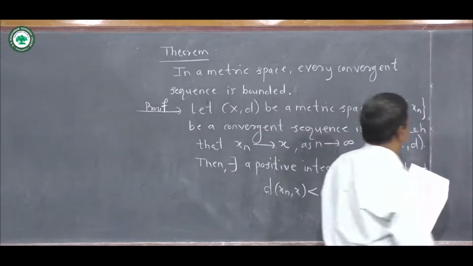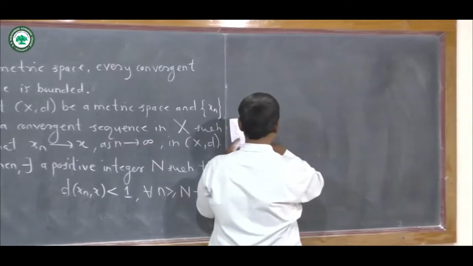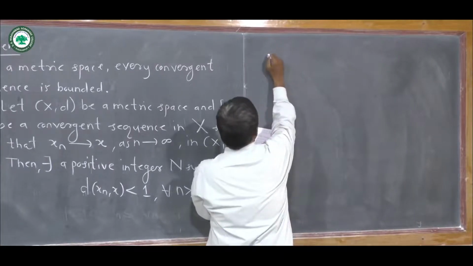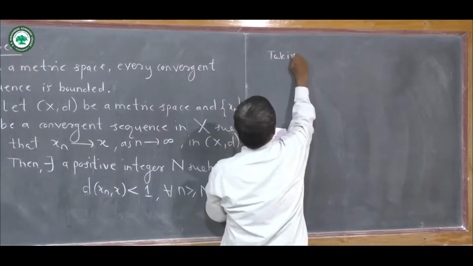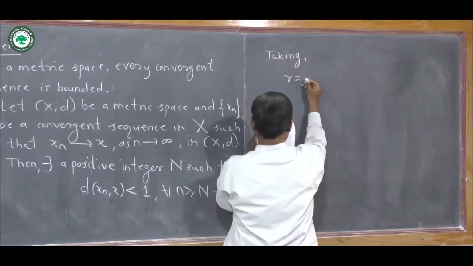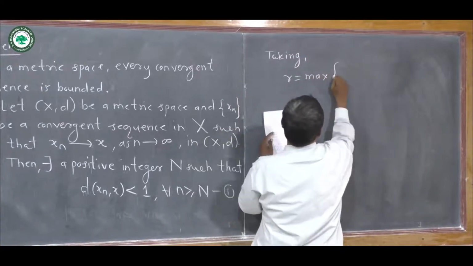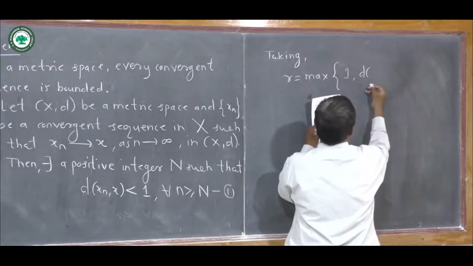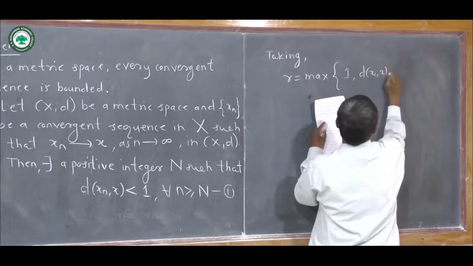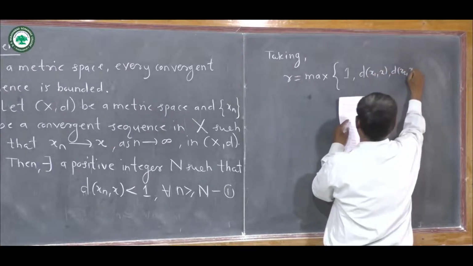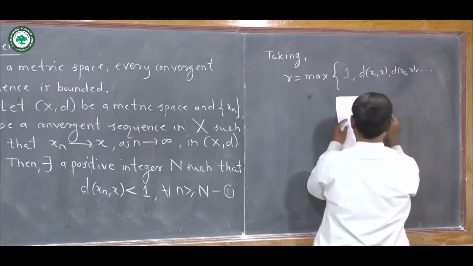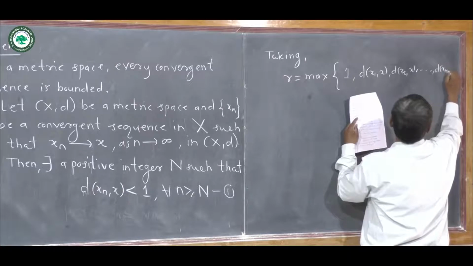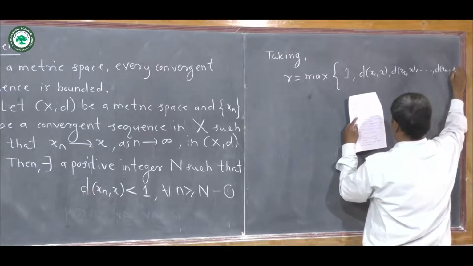Now we take r equal to the maximum of 1 and the distances: the distance between x1 and x, then the distance between x2 and x, and so on, up to the distance between x suffix N minus 1 and x.